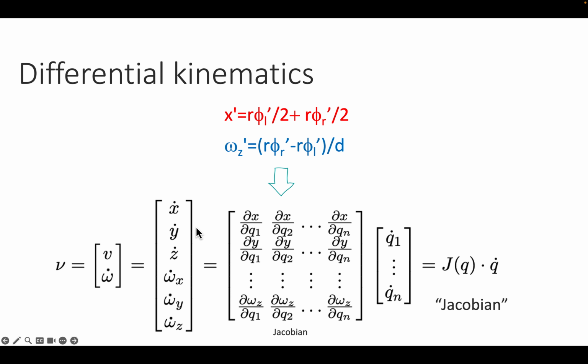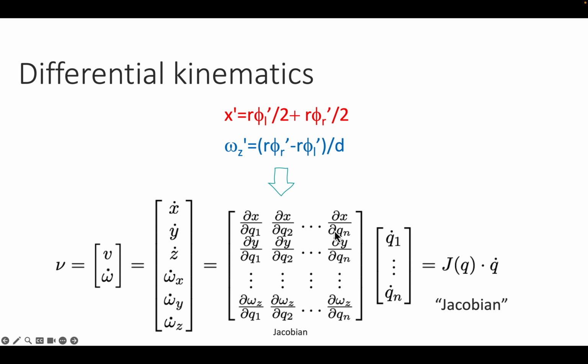And we argued that there is a general form where a matrix, which we call the Jacobian matrix, relates the velocities in the end-effector space to the velocities in Cartesian space. This Jacobian matrix consists of the partial derivatives of the positions in Cartesian space with respect to the positions in end-effector space.